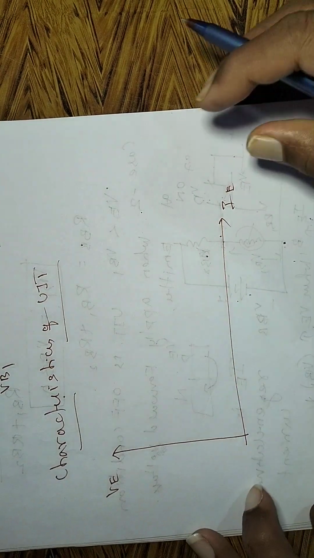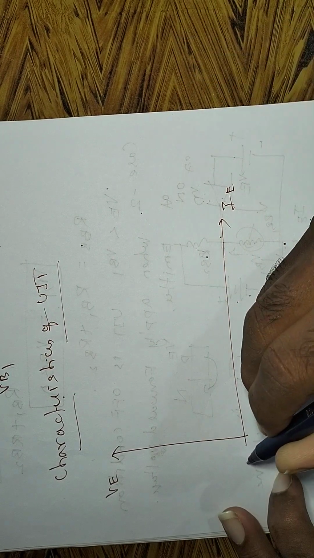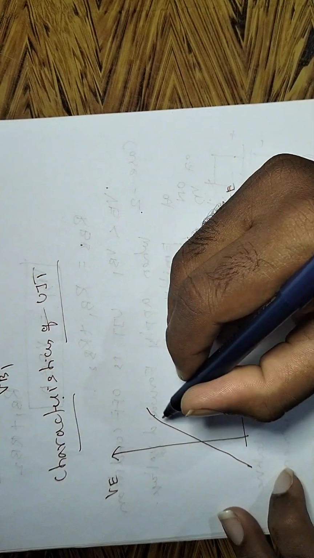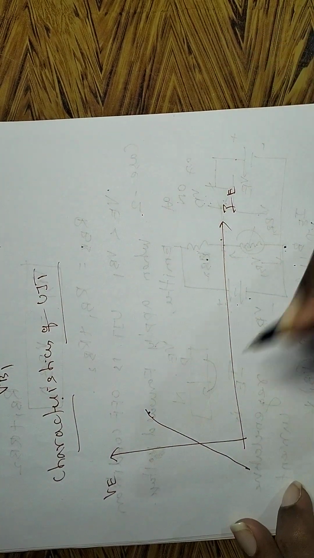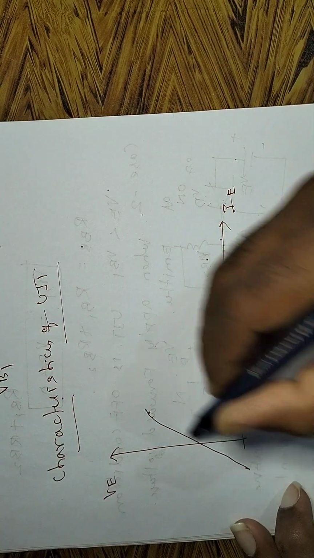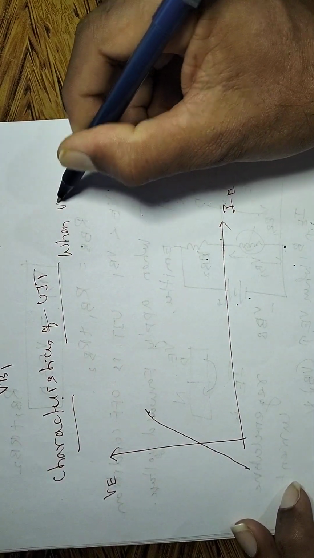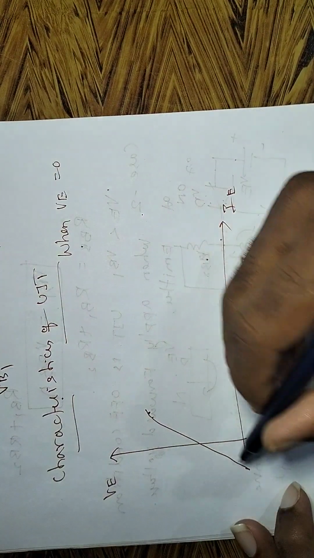Initially, with emitter voltage 0, the curve starts from this region.